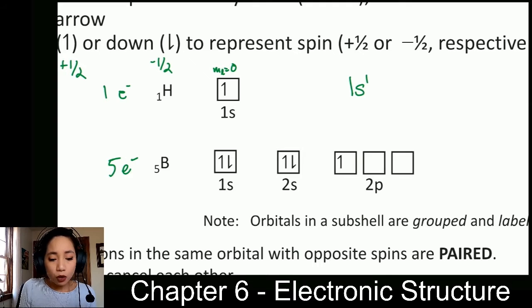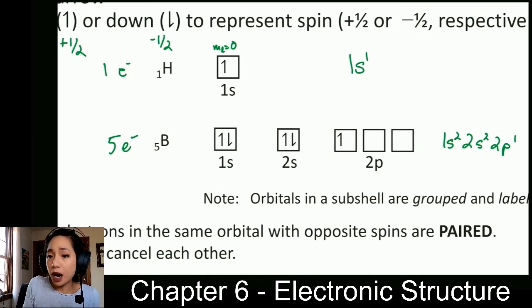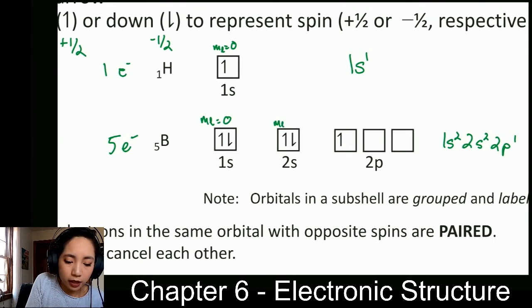If we look at boron, instead of writing out 1s2, 2s2, 2p1, we can draw these as boxes instead, keeping in mind how many orbitals are in each subshell. Within our 1s and 2s subshells, there is only 1 orbital per subshell, because an L of 0 can only have an ML of 0.